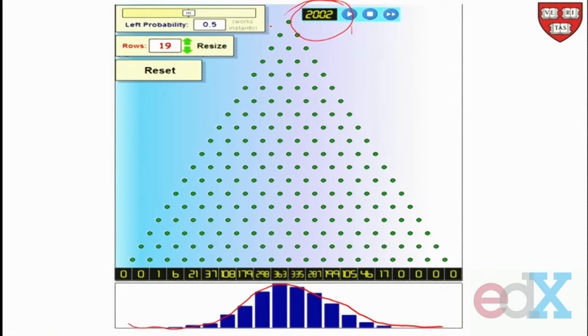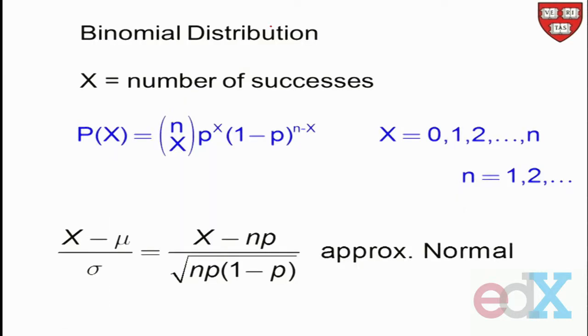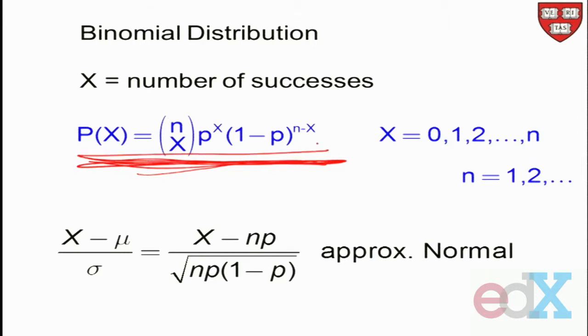This is the magic of mathematics, the magic of statistics. And this is what De Moivre discovered. That if we look at this distribution, the binomial distribution, and if we make n very large, then the distribution is approximately normal. What do I mean by that?